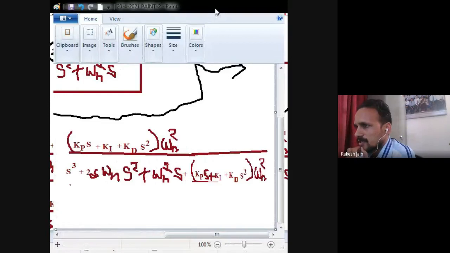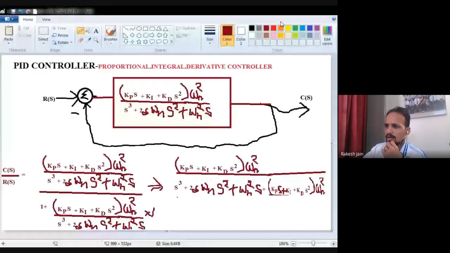So this is how the proportional integral derivative controller ends up.